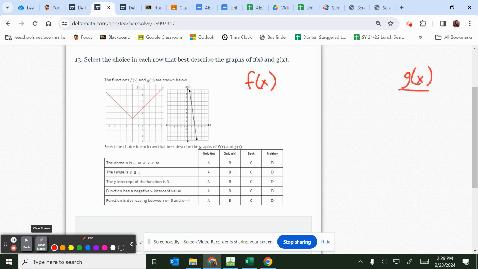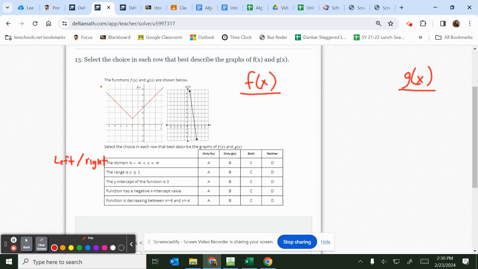So let's talk about f of x. When looking at f of x, we need to first identify the domain. This is f of x right over here. If we look at that graph for the domain, you look from left to right.